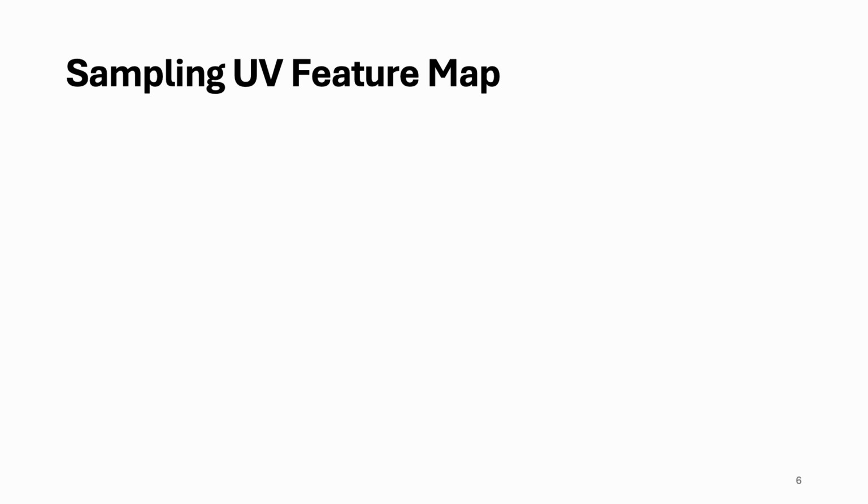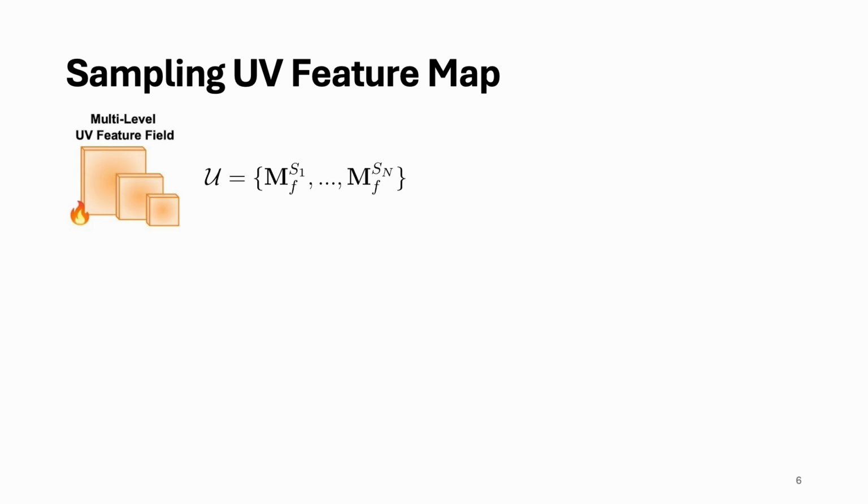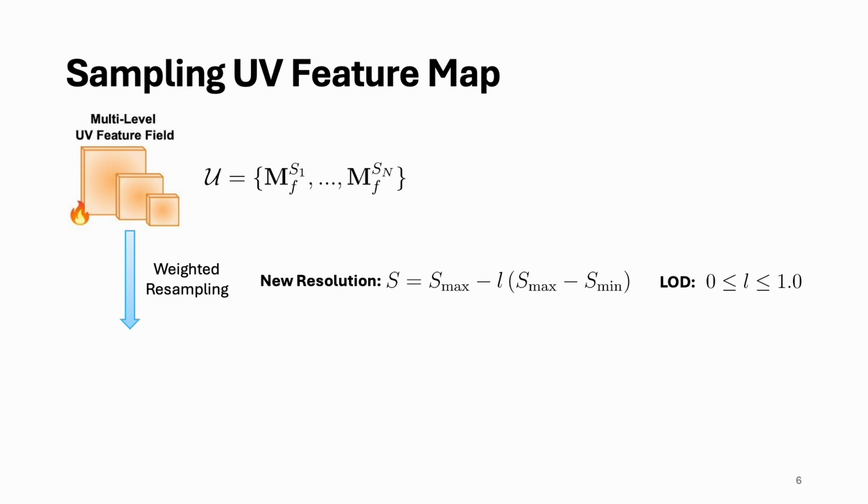The proposed multi-level UV feature field is a set of UV feature maps with different resolutions from S1 to Sn. We can sample a new UV feature map from the UV feature field, where the expected resolution S is computed based on the level of detail L, where 0 indicates the highest level of detail and 1 indicates the lowest level of detail.